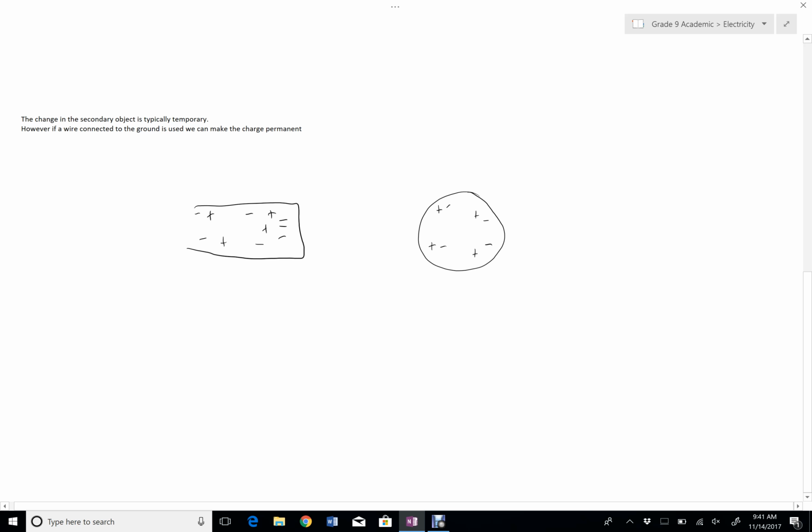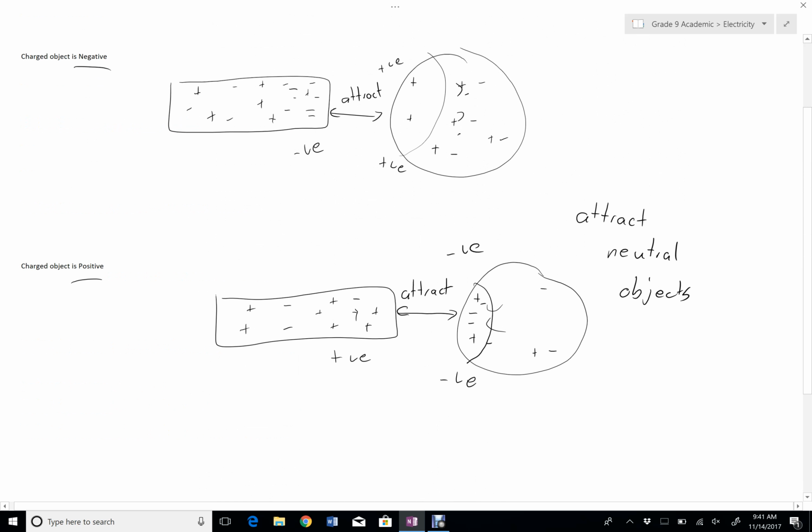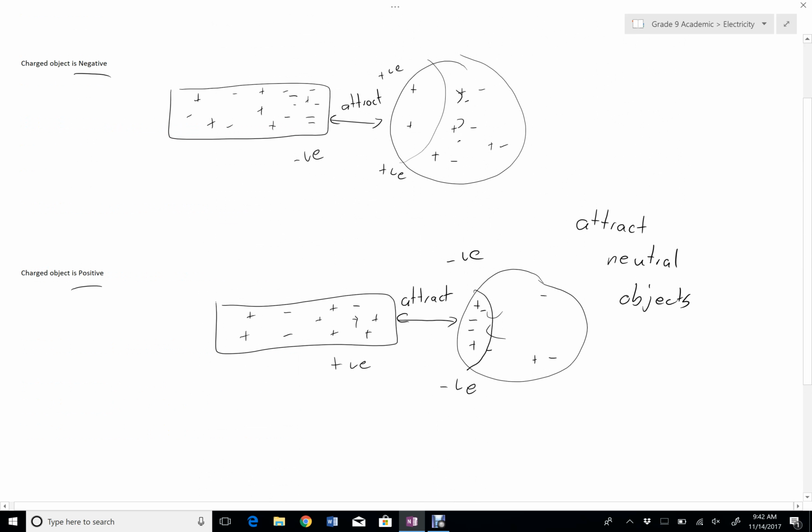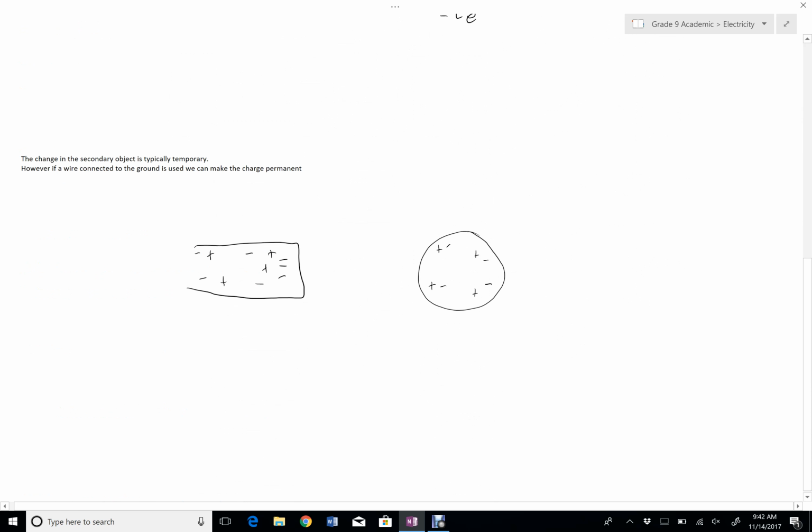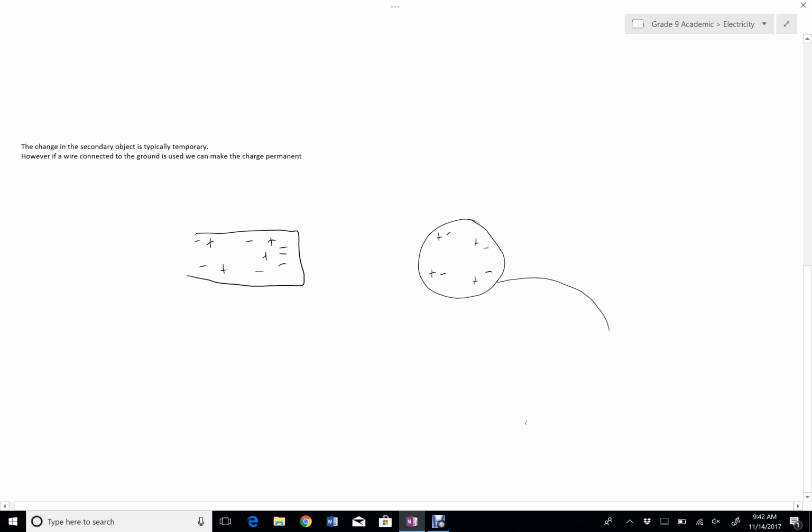But in this case, unlike those electrons repelling but not really having anywhere else but the material to go, imagine that my neutral object is attached to the Earth. What that means then is that when these electrons in this local region would like to flee, they can flee all the way down this grounding wire into the Earth. So they can go all the way over here or all the way over here.